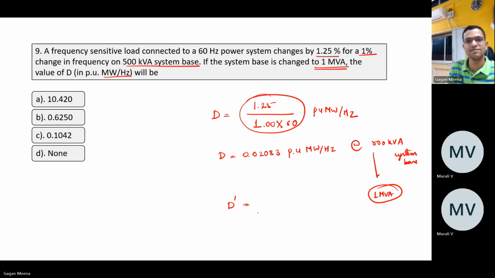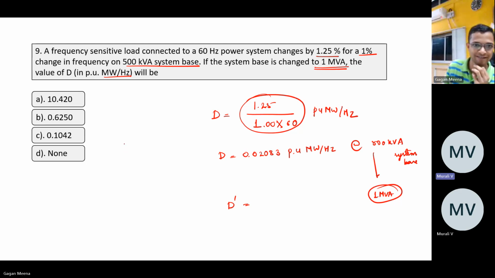Why? 500 kVA, and 1 MVA means 1000 kVA, right? So to convert that, you need to divide by 500 and multiply by 1000. No, not correct.